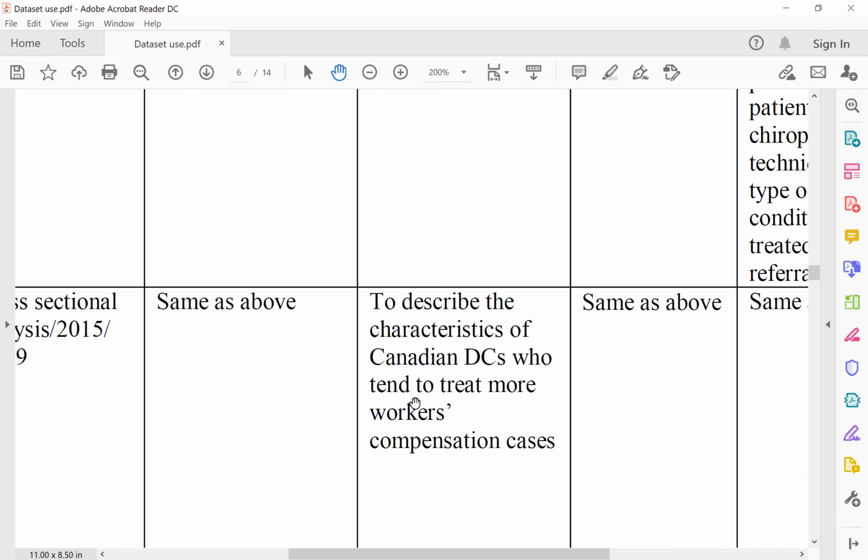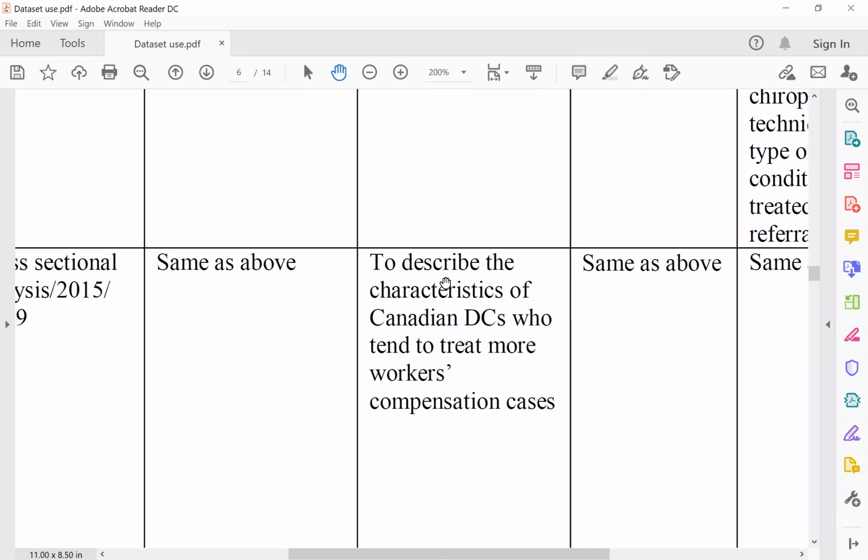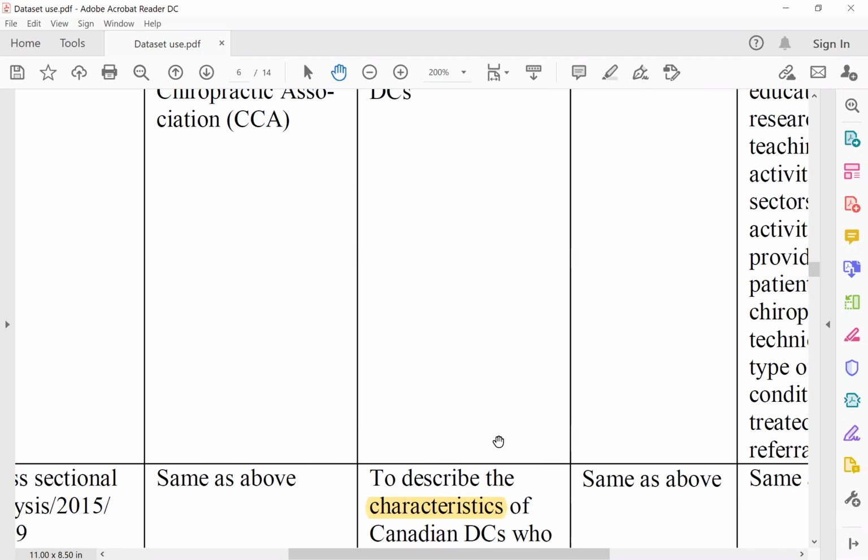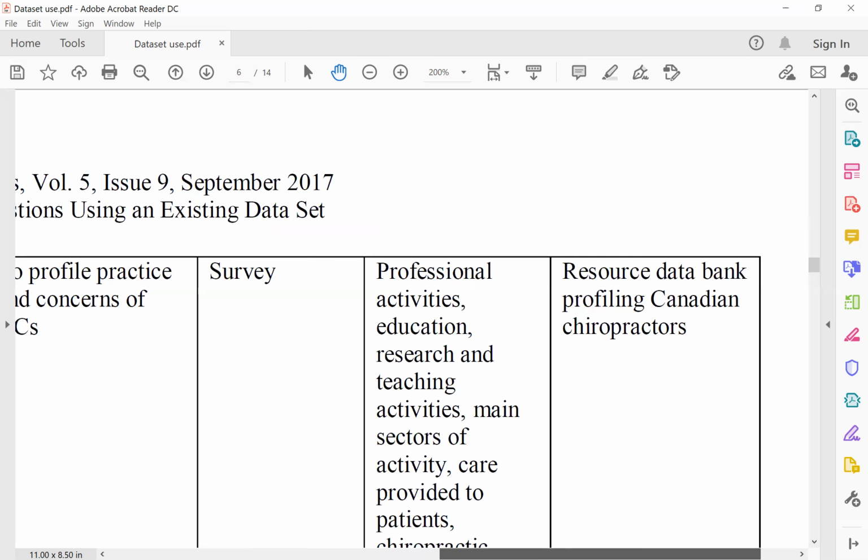The secondary data analysis is to describe characteristics of Canadian doctors of chiropractic who tend to treat more workers' compensation cases. It was a survey.